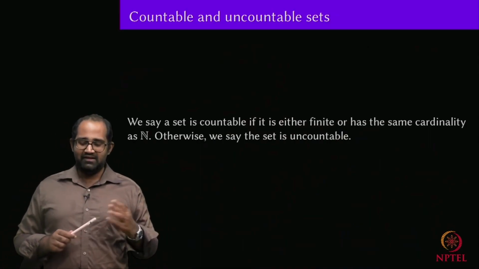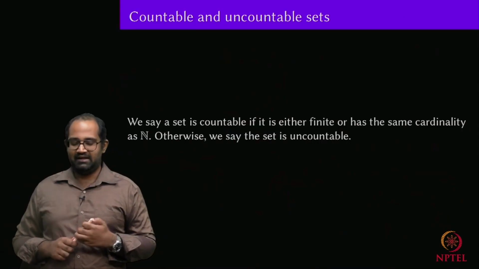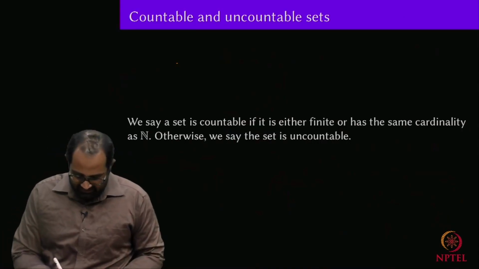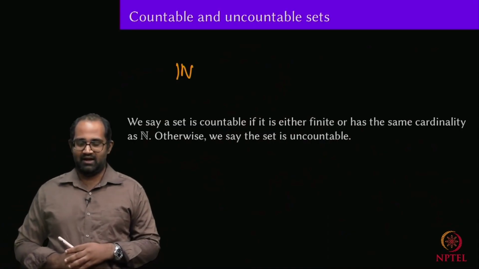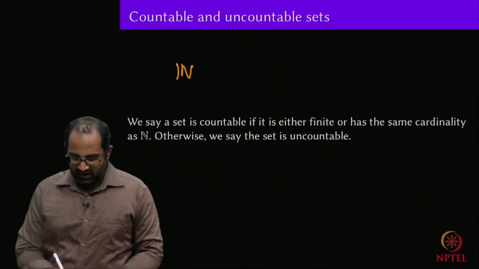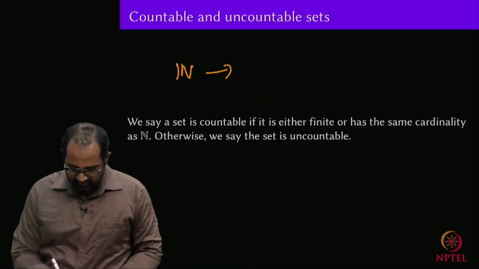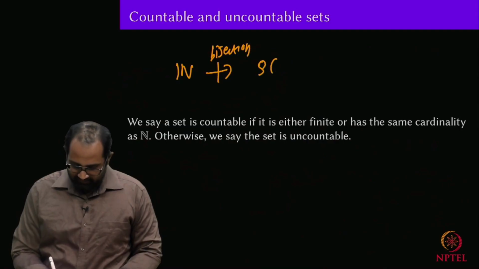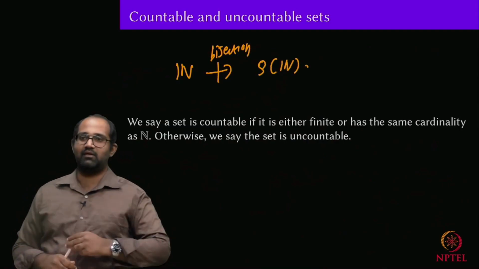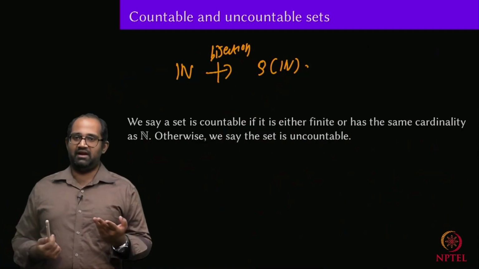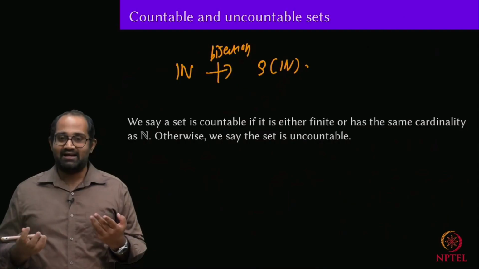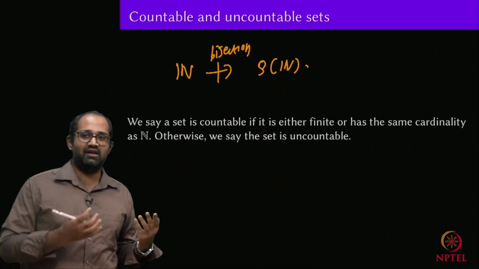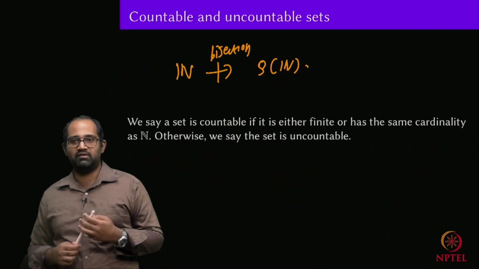Now, the previous result says something interesting. Take the natural numbers. It's an infinite set, right? Yet, you cannot find a bijection to the power set of N. Power set of N is a set whose cardinality is not the same as the cardinality of natural numbers.